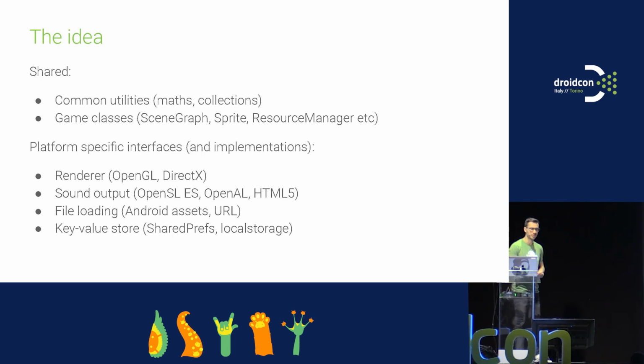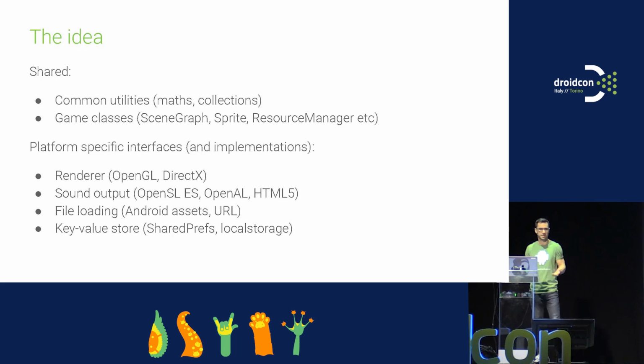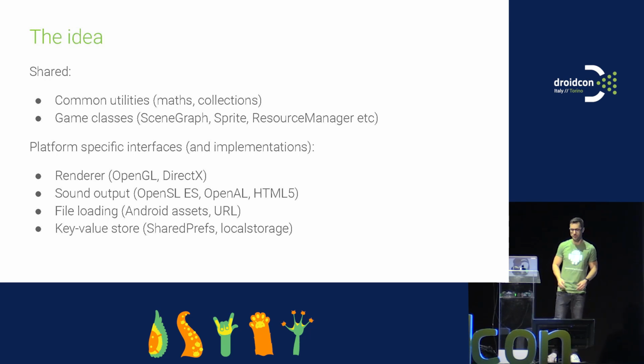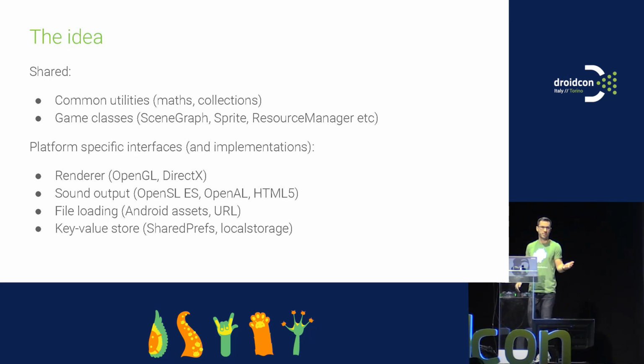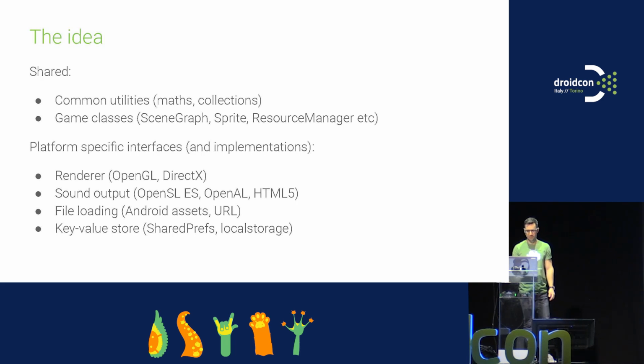On Android, I probably want to open Android assets, whereas on the web, maybe I will load my textures from URLs as files. I need something like persistence, so a key value store. Again, on Android, the simplest way is to use shared preferences. Maybe in a web browser, that would be local storage on the window object. So we see these two parts, right? We have this shared code and this platform-specific code.